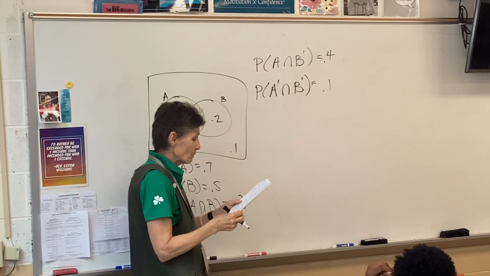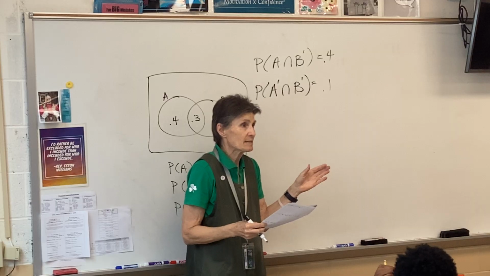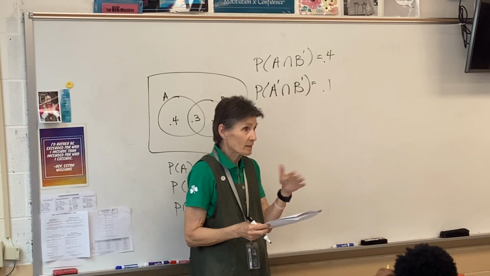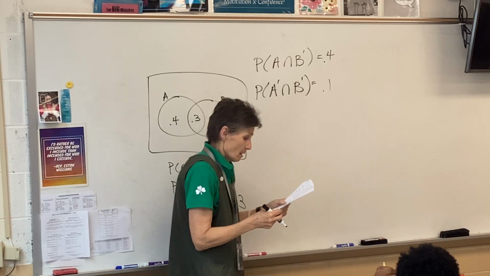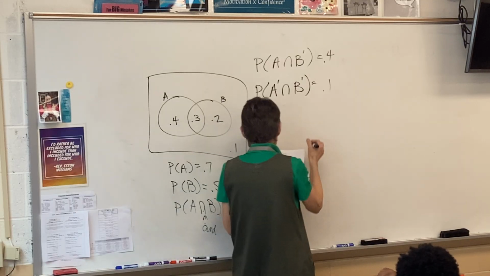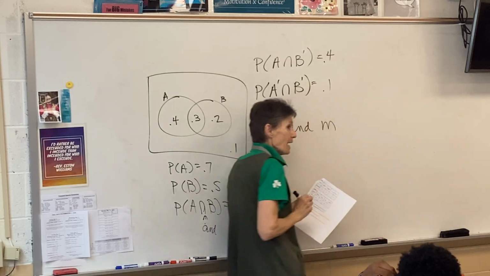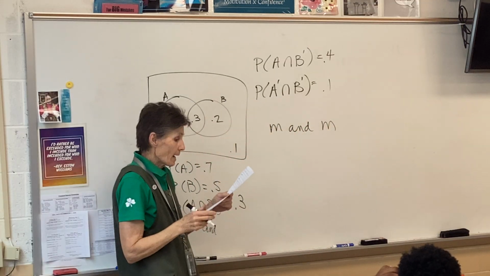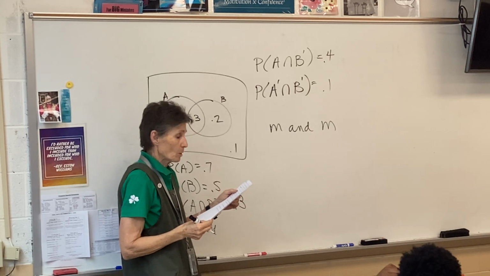All right, now we've got our chart. Okay, last time we did one of these, it was M&Ms with colors. Now it's classes. All right, so I'm going to pick somebody out of class 1 and somebody out of class 2, and I want them both to like math. Okay?